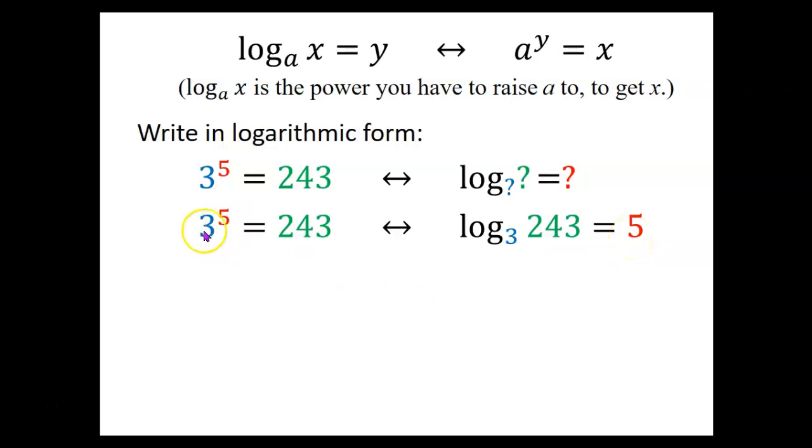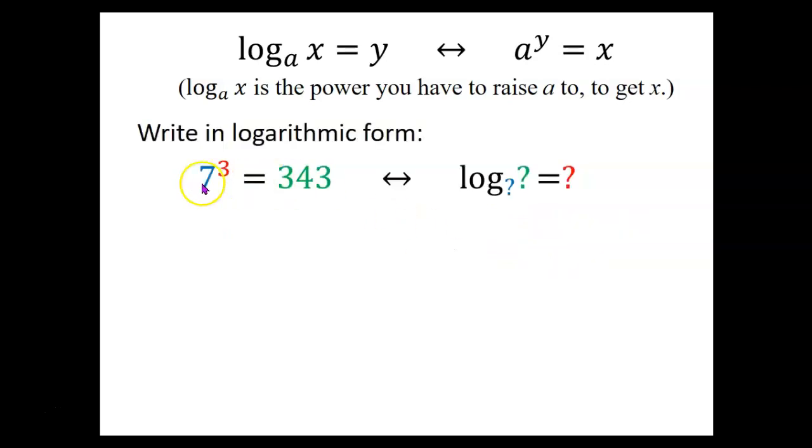Notice the number that you're raising to a power, the base of the exponential expression, is the little subscript number by the logarithm. It's the base of the logarithm. The power is what the logarithm is equal to, and then what 3 to the 5th power equals is what we're taking the logarithm of.